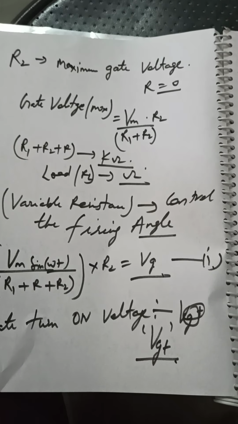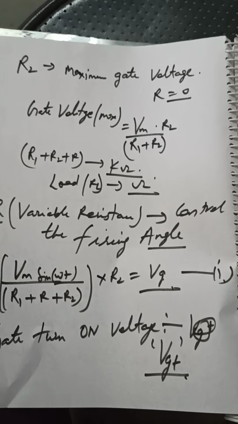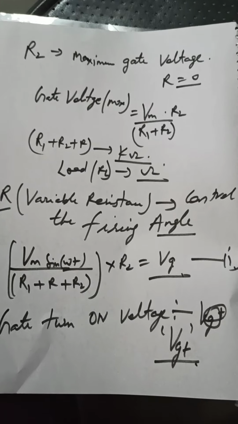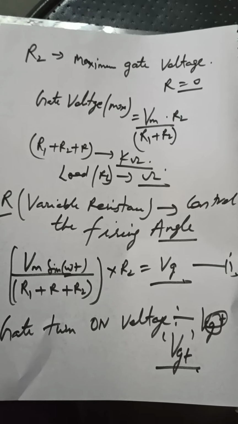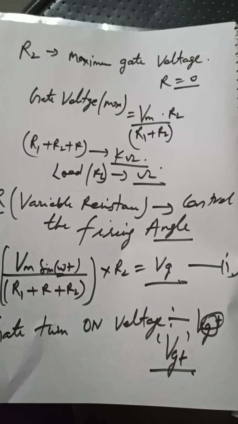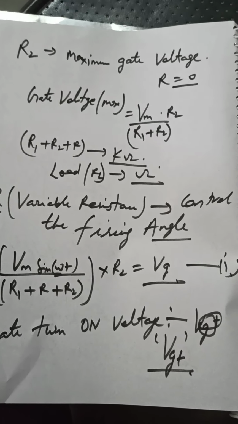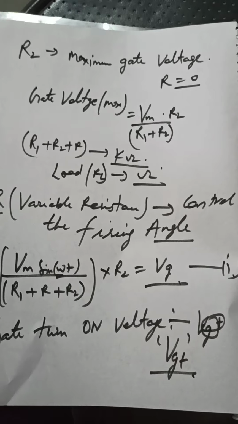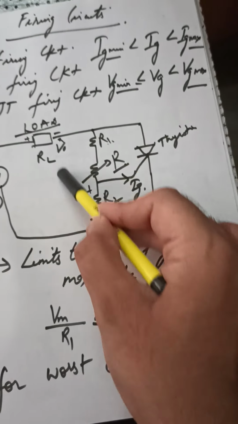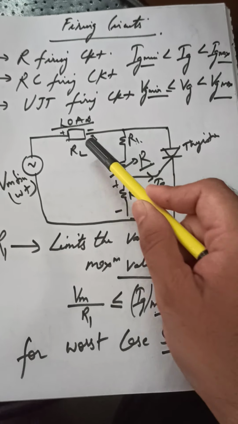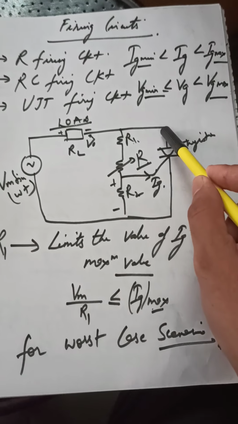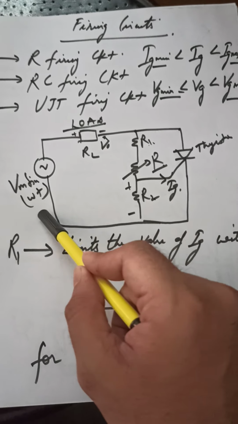Now the limits. As we are all well aware, the load will be in ohms, but R1 and R2 plus R will be in kilo ohms. It means we are assuming a very small amount of current flowing in this branch, and the maximum current will be flowing through the thyristor.